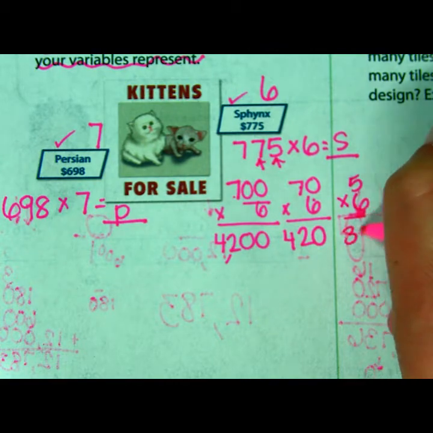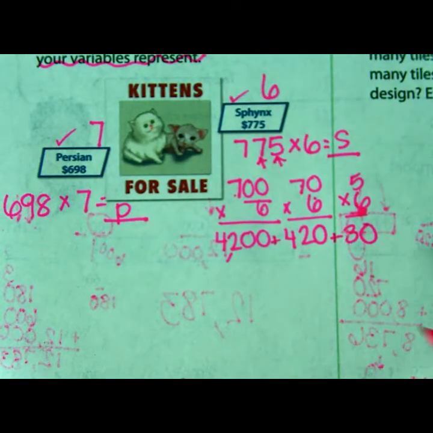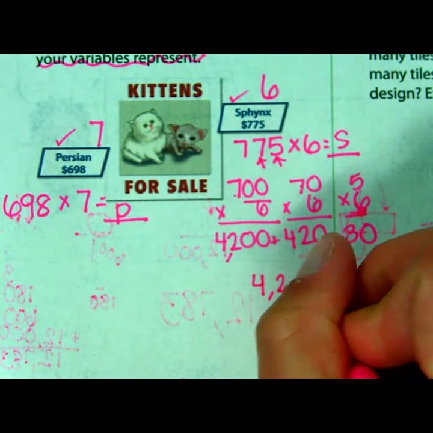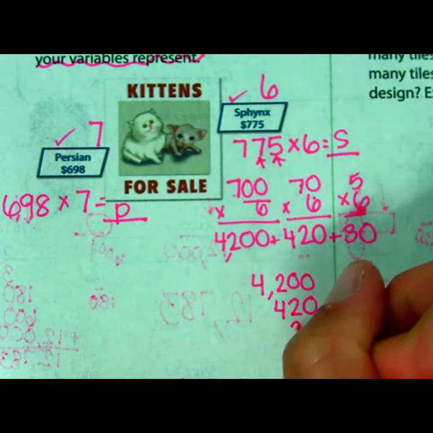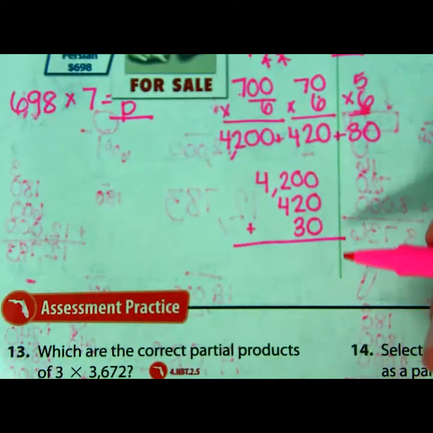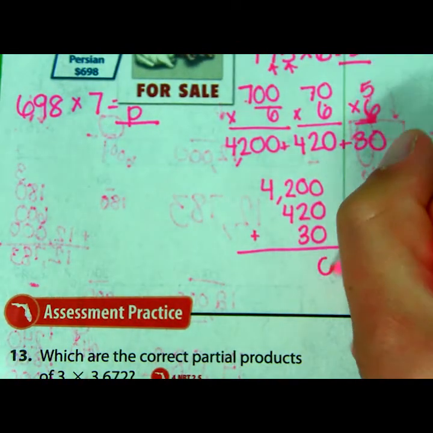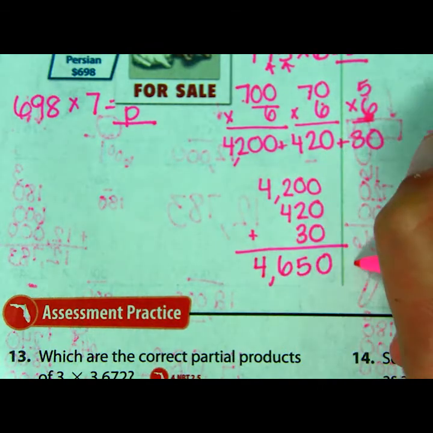If we add those 3 partial products together, 4,200 plus 420 plus 30, we would have a total for the Sphinx over here. We're kind of solving Sphinx on this side. 0, 5, 6, 4. So that's for Sphinx.